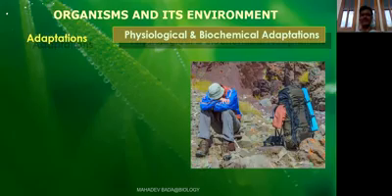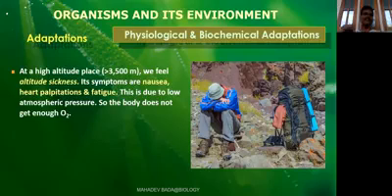Now coming to human beings, a person living at high altitude has slight differences in physiology and biochemistry compared to a person living normally on the ground. At high altitude places, where the height is more than 3,500 meters, we feel altitude sickness.